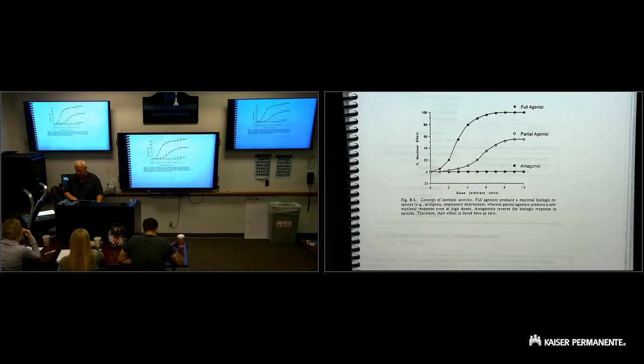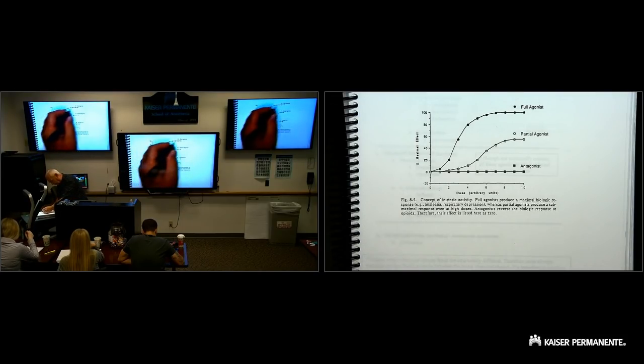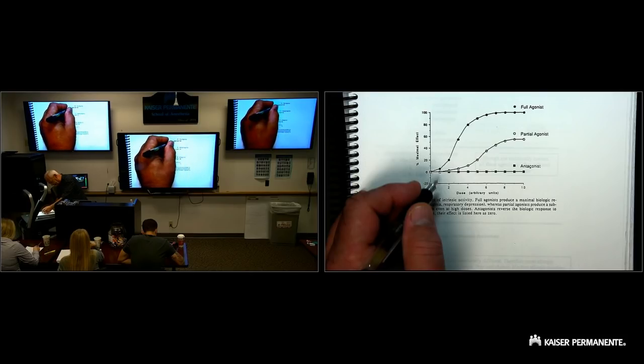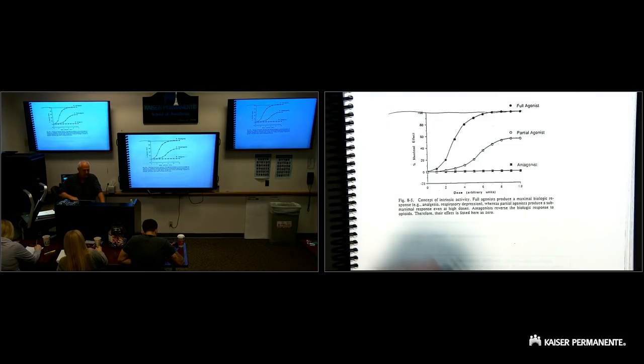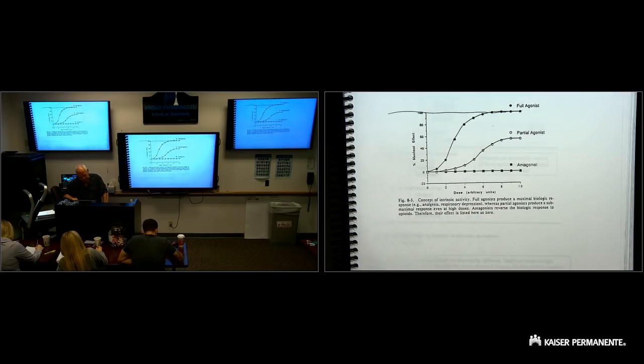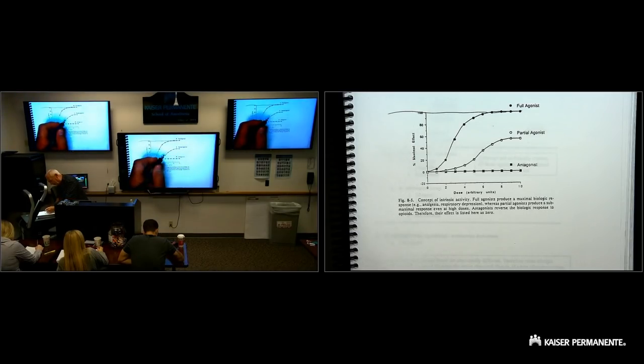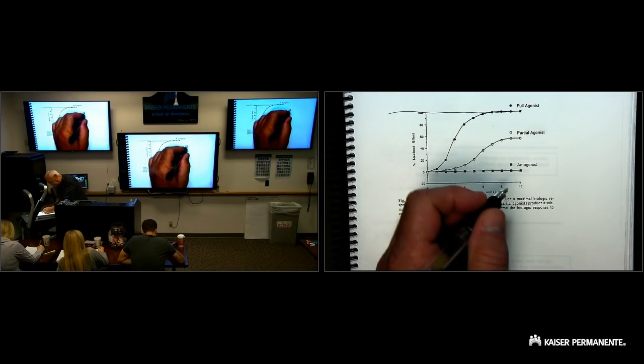And what we're looking for is analgesia. There are drugs that will produce 100% analgesia. We call them full agonists: morphine, Demerol, Dilaudid, fentanyl, Sufenta, and Remi. All of our drugs, they're full agonists. There's a second class of drugs that we call partial agonists.